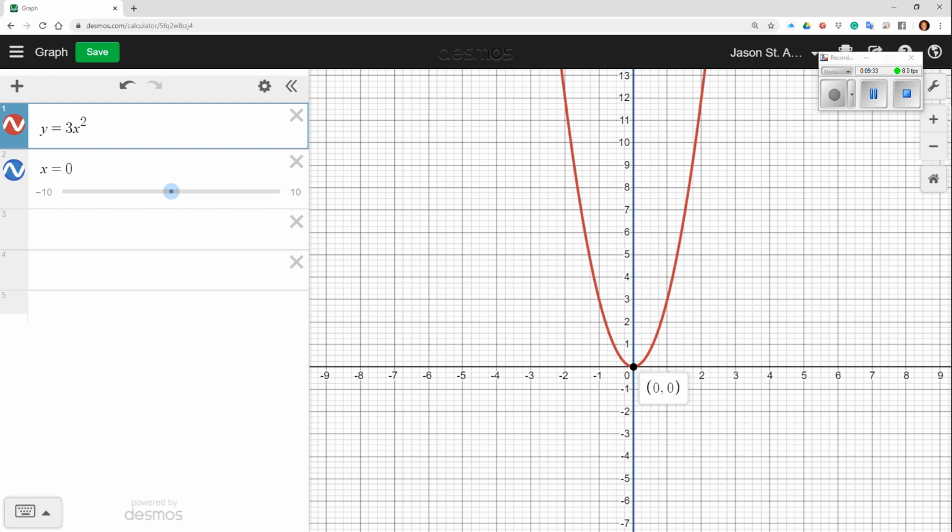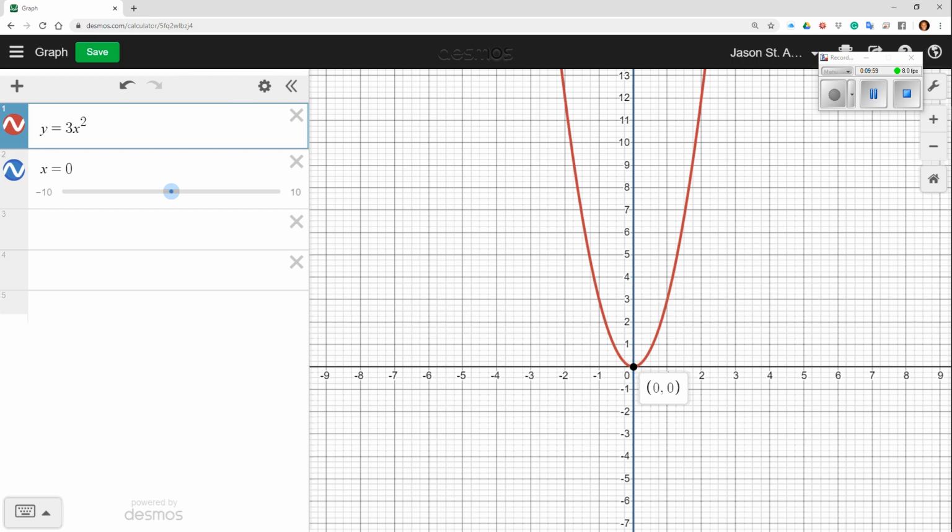But wait a second. Those key points that we had before, we used to be at 1, 1 down here. And now our key point on the graph, if you move your finger up here, is 1, 3. Oh my goodness. It's going to be 1, 3.